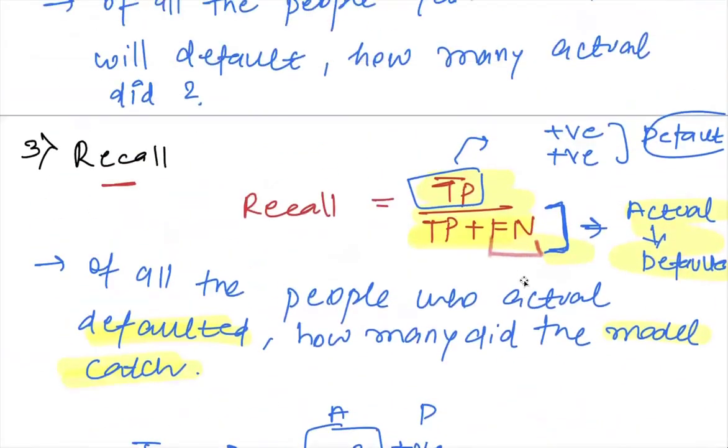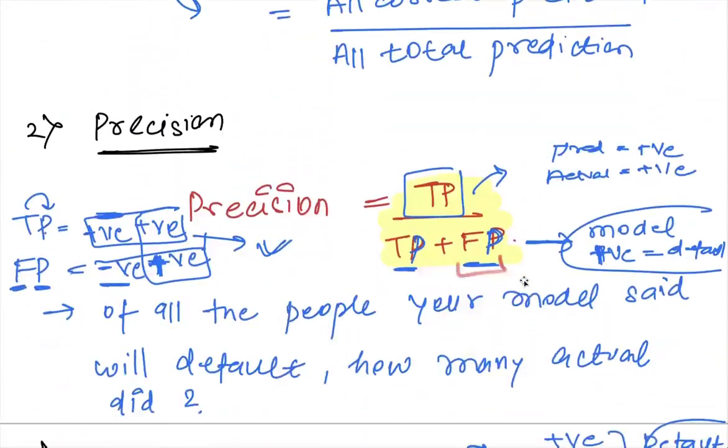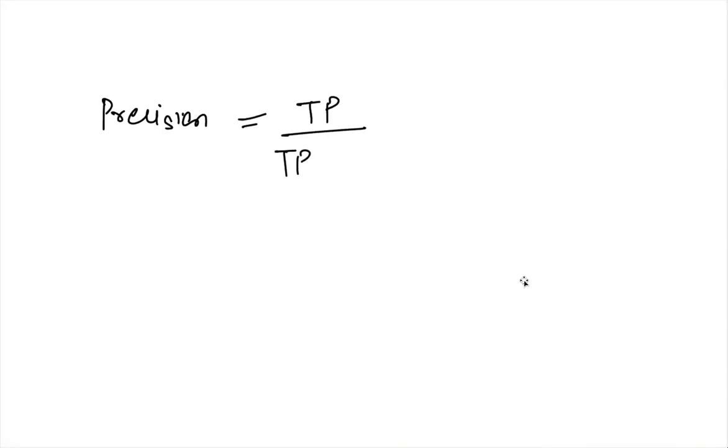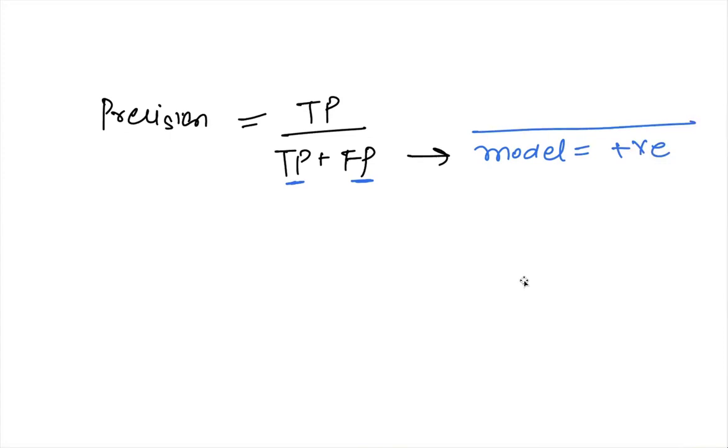Okay. So see, precision is what? As I said, let me write precision: true positive plus false positive. In both the cases, the model is saying that there will be default.